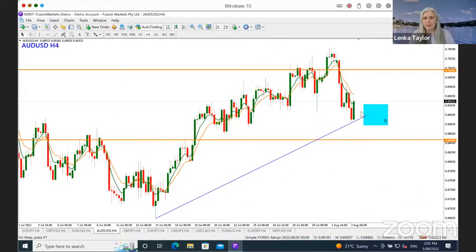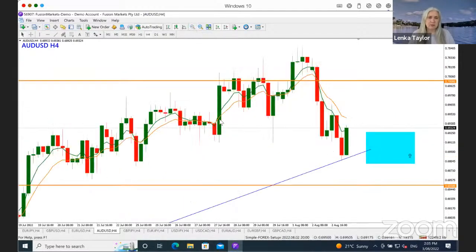It could be around now, or it could pull back further to the previous level of support. Let's see where that goes in the next day or two. So I'll be watching that price action for a long opportunity on Aussie USD.